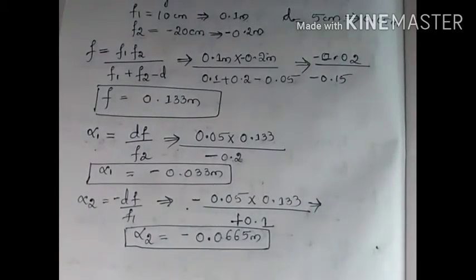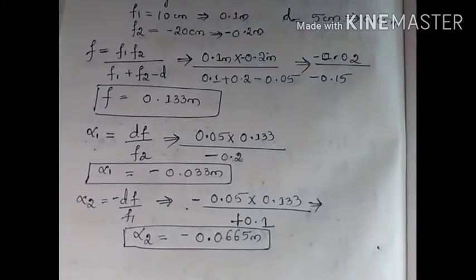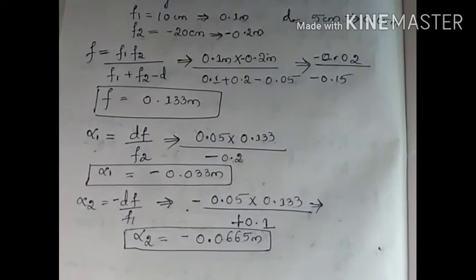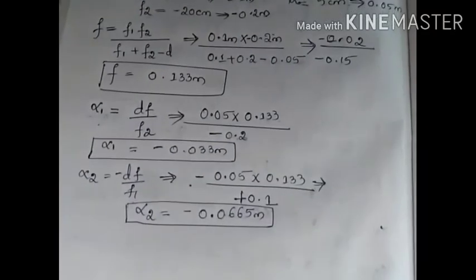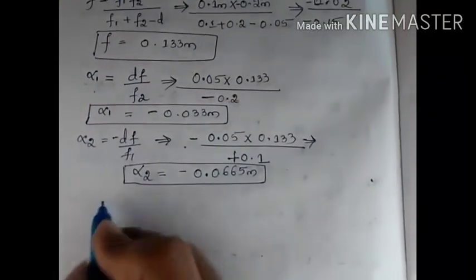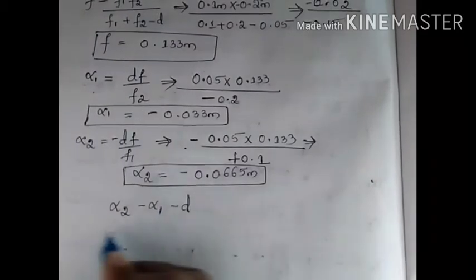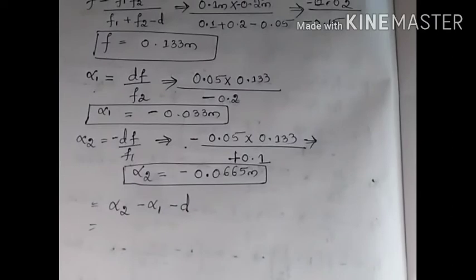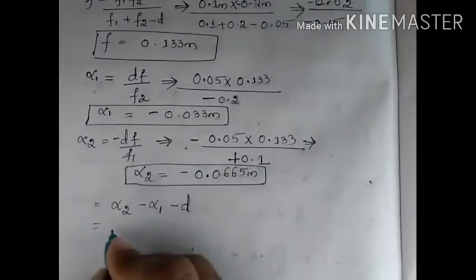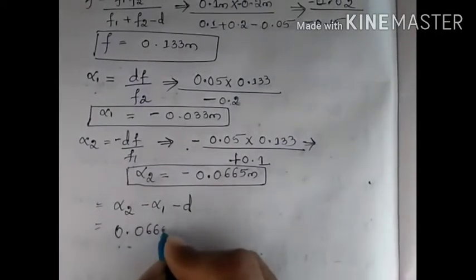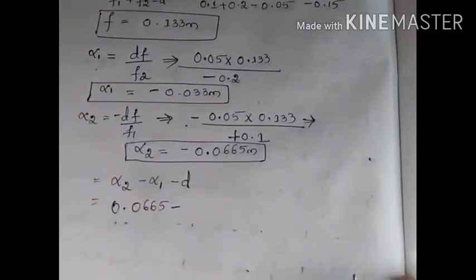Now what he has asked is to find the distance between the two principal points of the combination. So to find the distance between the two principal points of the combination, we have to write alpha 2 minus alpha 1 minus d. So this gives the distance between the two principal points. So now we know what alpha 2 is. Alpha 2 is 0.0665, minus alpha 1.